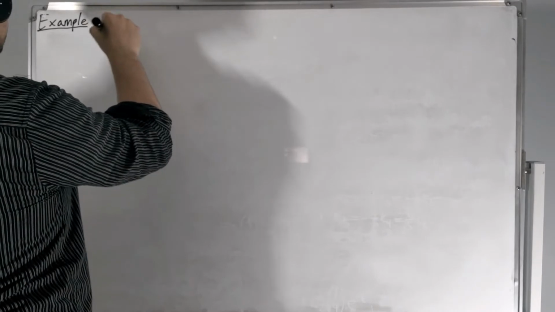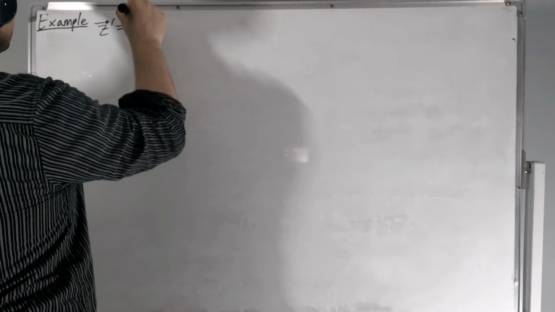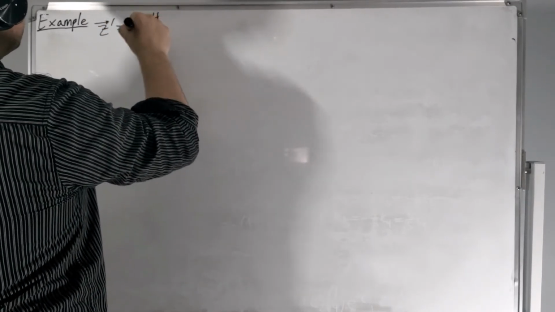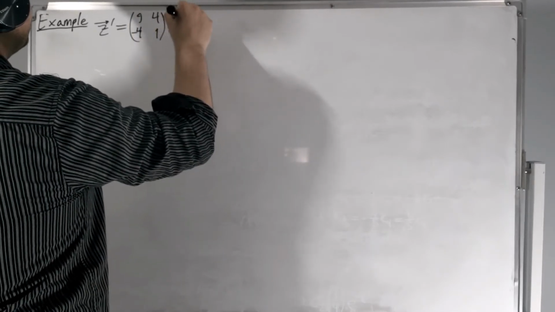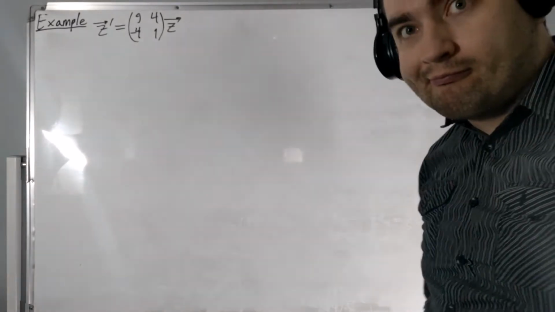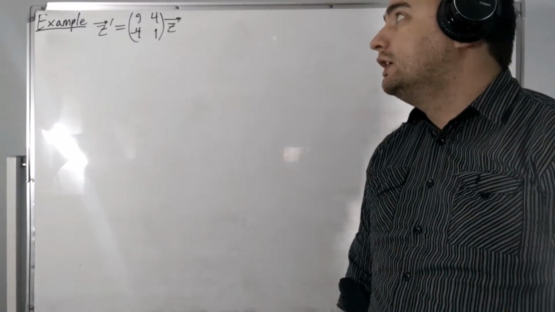Let's suppose we're dealing with the matrix 9, 4, negative 4, 1. Once again, we need to find the eigenvalues.